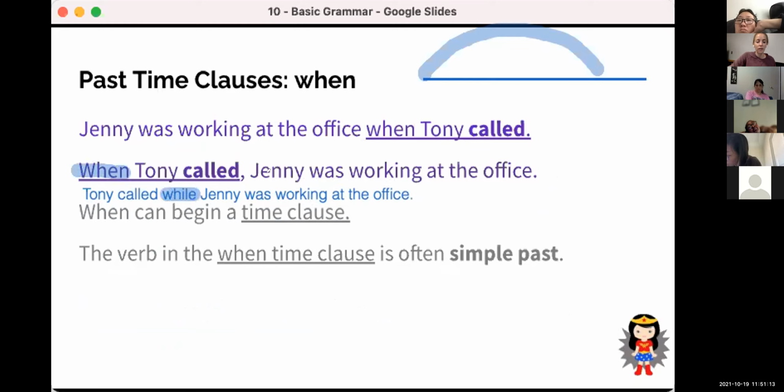We see while with the present or past progressive, and when with the simple past. These sentences have the same meaning. We can change the order, or we can use when or while, so we can put the focus on a different part of the sentence.